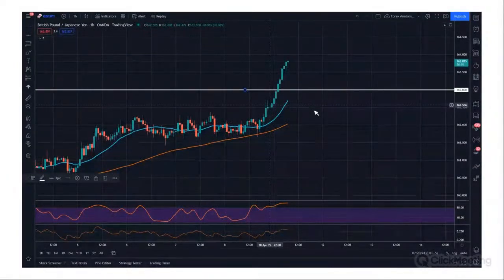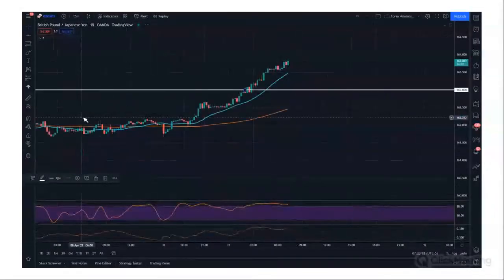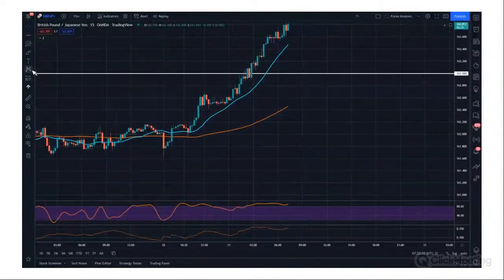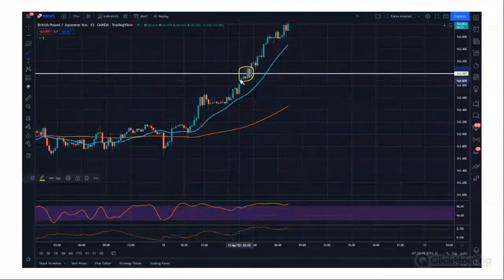What we want to do is look for price to pull back. But I'm going to go a little bit further and see if I can see anything on the 15-minute time frame that can confirm that this area is one we need to pay attention to. And we do, right around here. What we see is this area of congestion, where we see these clusters, these candles moving sideways for a while.